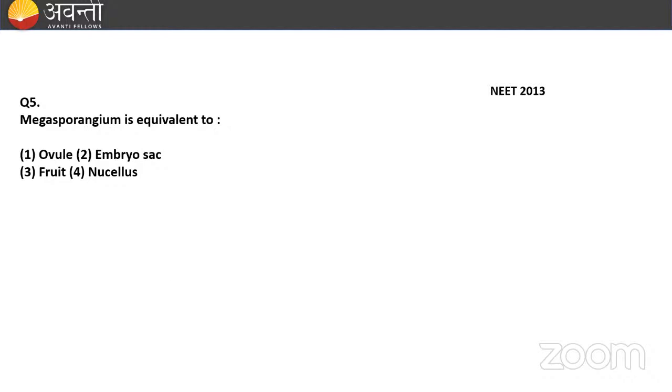Okay, let's check what's the correct option. Most of you have answered it correctly. That is option number 1, which is ovule. So megasporangium is equivalent to ovule. Remember this.